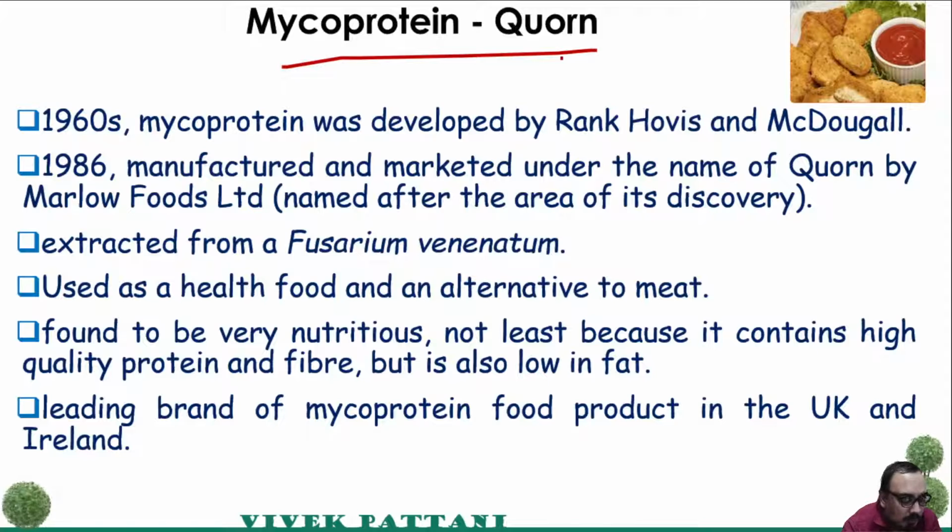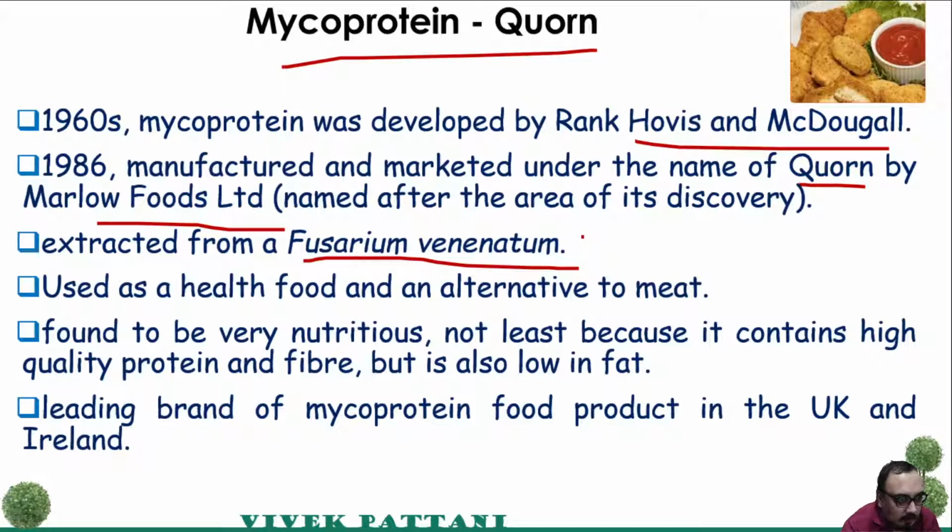Now comes the mycoprotein, or Quorn. In the 1960s, the mycoprotein was developed by Rank Hovis and McDougall, and in 1986 it was manufactured and marketed under the name of Quorn by Marlow Foods Limited. Basically, the protein was extracted from Fusarium venenatum and is used as a health food, an alternative to meat. It is found to be very nutritious, with high protein and fiber content but low fat content.